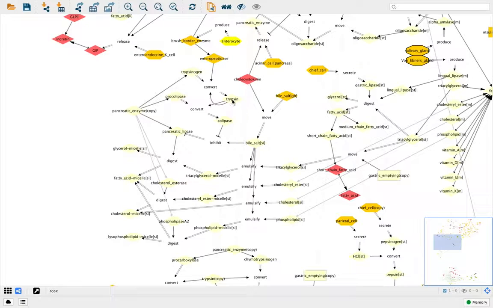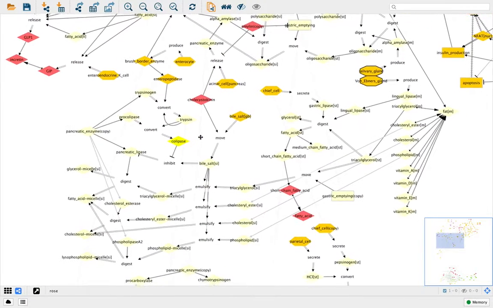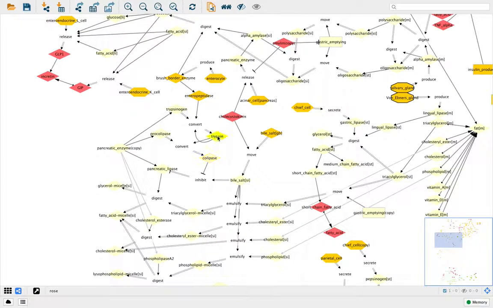And this trypsin was acting on the procholipase, which is converted into cholipase, and helps the lipid digestion. And trypsin also helps its own activation.